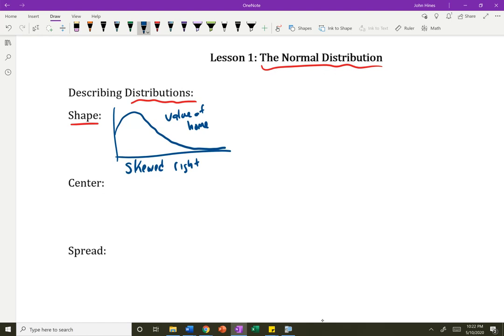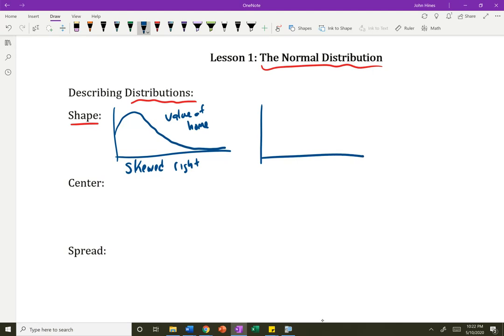That's why it's called skewed to the right, because this distribution has that longer right-hand tail. Some things in the world tend to have this shape if there are very few higher values. Home prices or salaries in a big company tend to have this shape because there's a few people making a lot of money or a few homes worth a lot of money, while the rest are on the lower end.